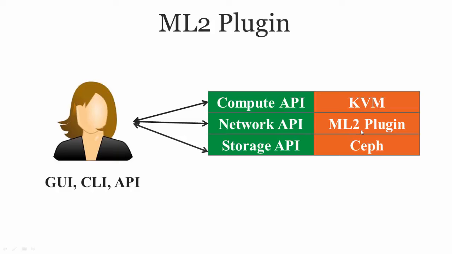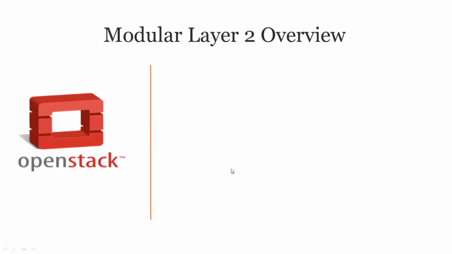Modular Layer 2 plugin is a standard plugin in the OpenStack Neutron service. In case of the users, to access this kind of API, they normally use the GUI or CLI, or directly using the API can access this service as well. So, Modular Layer 2.